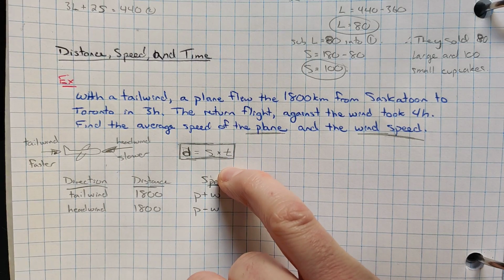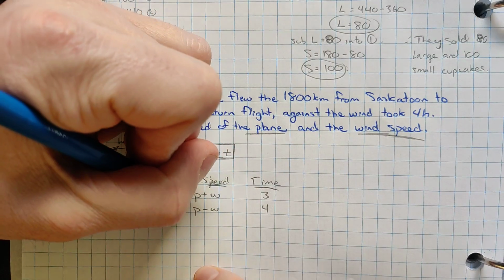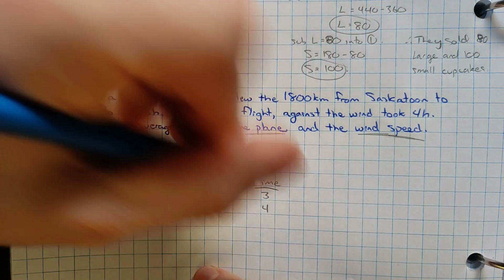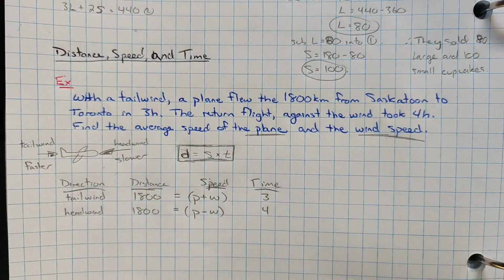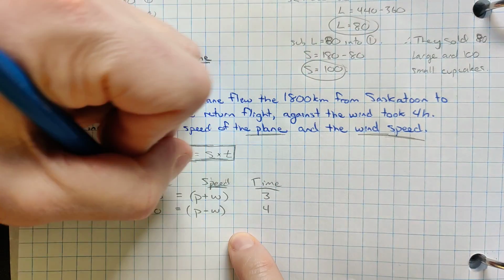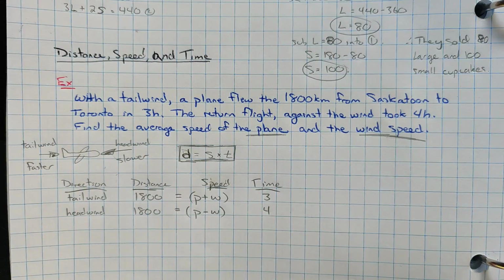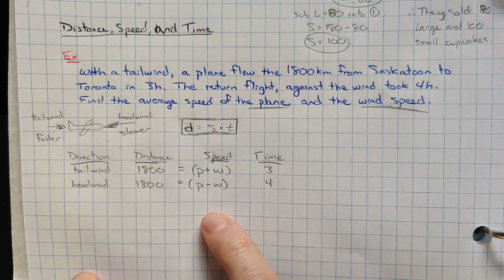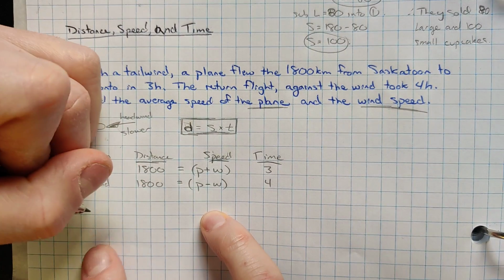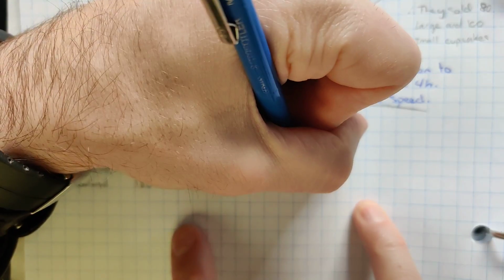And then we go back to our equation. Distance equals speed times time. So we have our formula. Distance, and then there's our speed and time. We would then take this set of equations and expand them out.